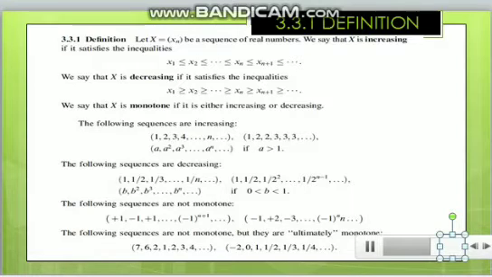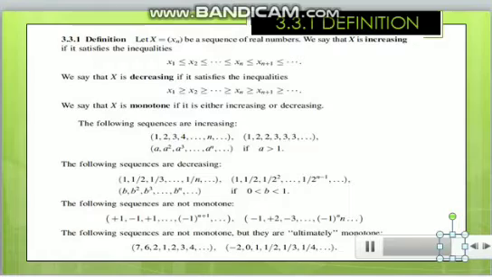The next examples, the following sequences are decreasing, like 1, a half, a third, a fourth, up to 1 over n. And the following sequence is not monotone, like plus 1, minus 1, plus 1. The sequence has a formula like minus 1 to the power n plus 1.